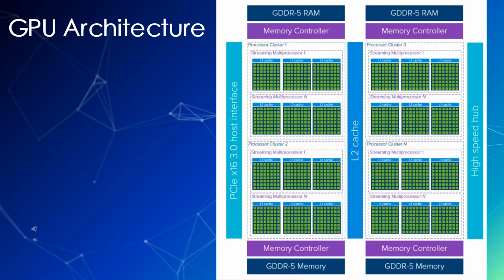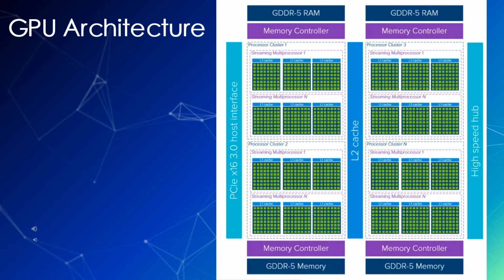Now let us focus more on the GPU architecture. A single GPU device consists of multiple processor clusters, seen here in the dotted blue areas. Now each cluster contains multiple streaming multiprocessors, seen here in the dotted violet areas.